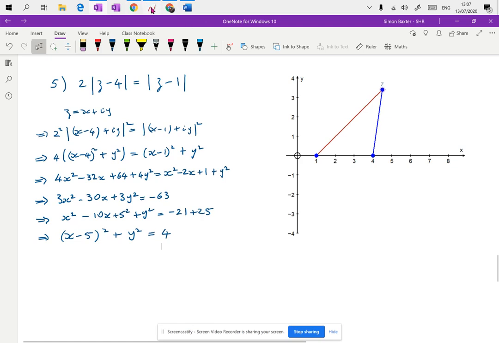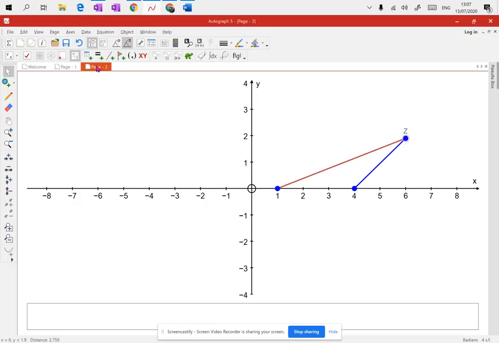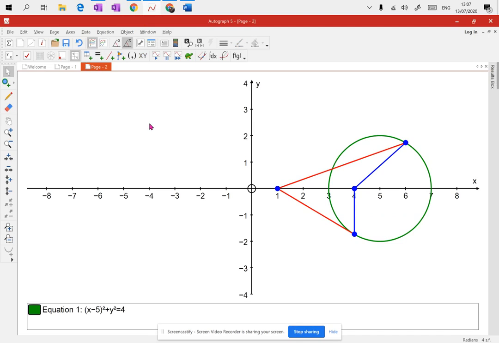Let's go back to autograph and let's have a look. There I have drawn for you the circle, center 5, radius 2. And here is one of the points. It looks pretty good. The red line always looks twice as big as the blue line.